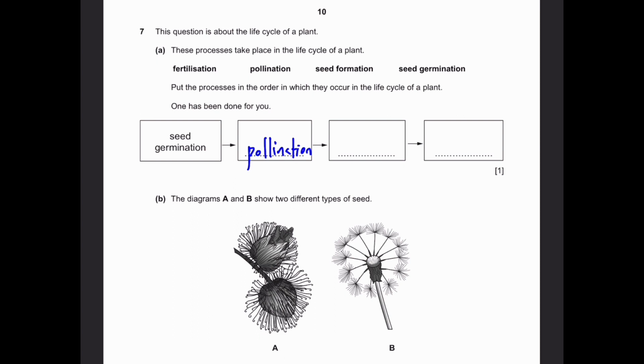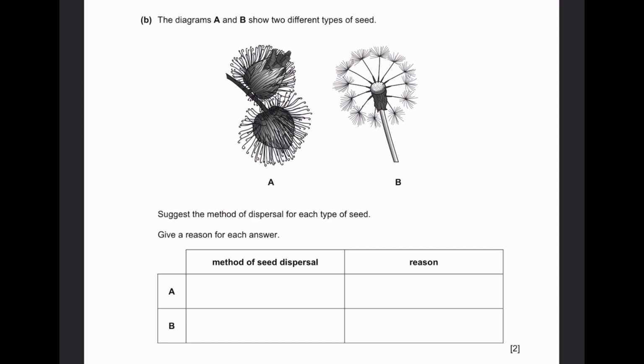Only then they can become fruits. And how do they become fruits? Fertilization. And these fruits contain seeds, which means seed formation. That's the answer.